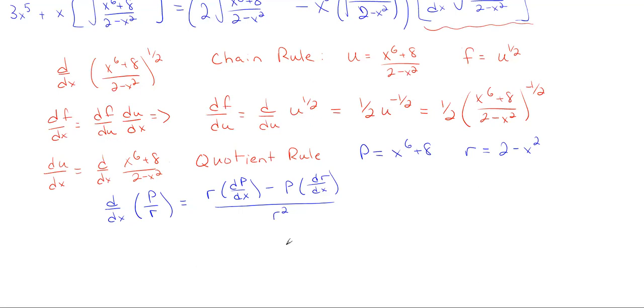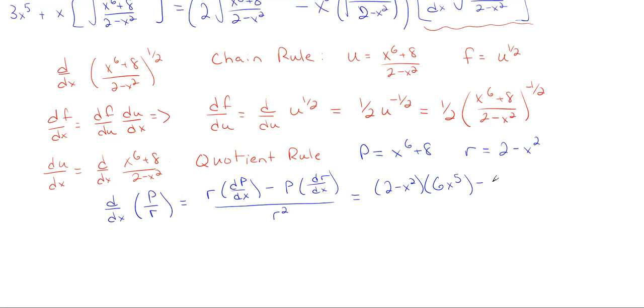All right. So we just have to find the derivative of p with respect to x here, and then the derivative of r with respect to x. And those are not hard derivatives to take. So let's just go ahead and write this out here. So we would have r, which is 2 minus x squared, and then the derivative of p with respect to x, well, that would just be 6 x to the 5th. 8 goes to 0, so we don't include it.